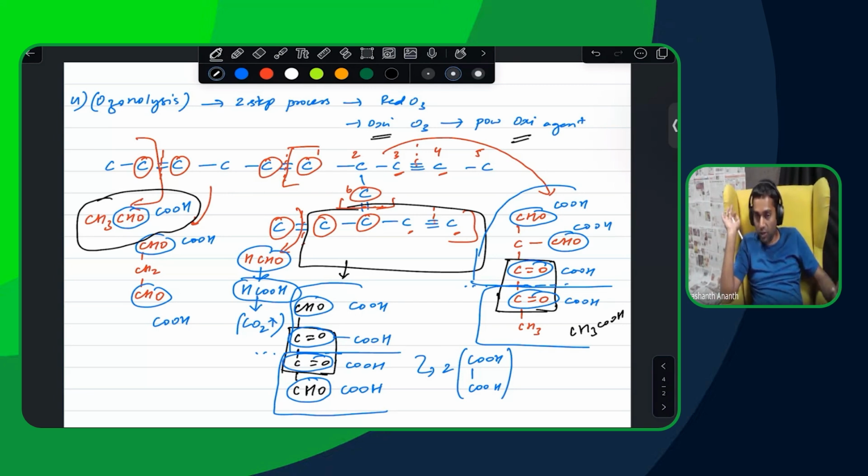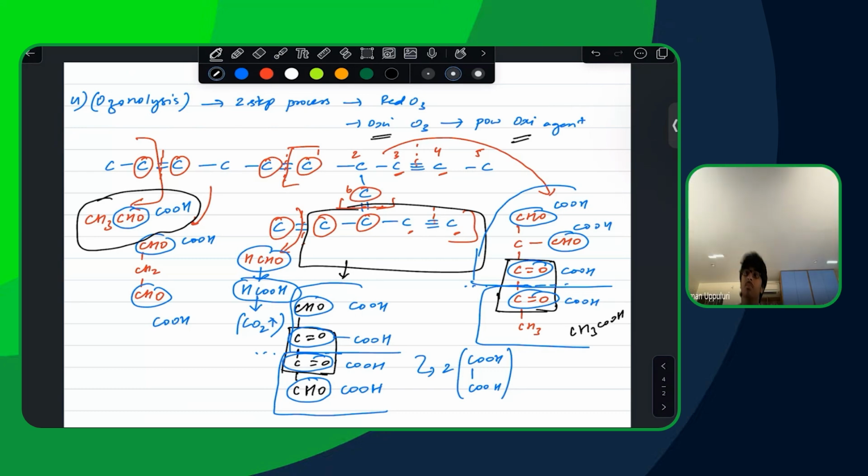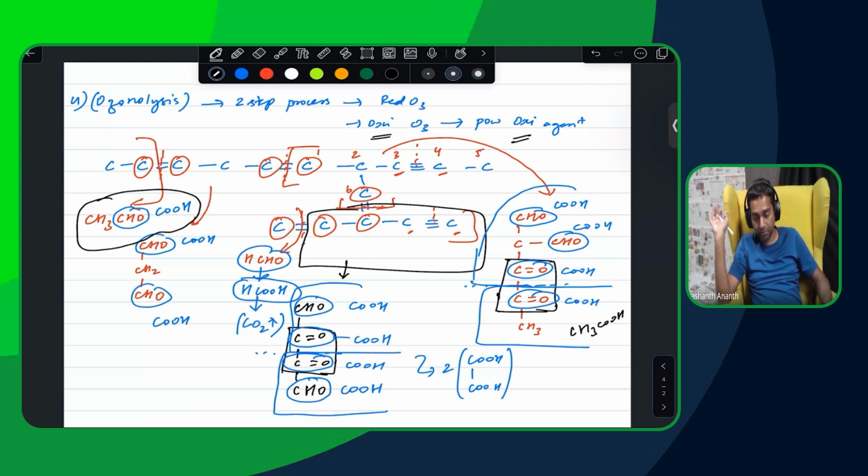So if there are triple bonds present, they will break completely. Both corners of the triple bond will become carboxylic acid. You understand the idea here? Okay. So ozonolysis is a reaction connecting alkenes and alkynes with aldehydes and ketones, and of course with a little bit of carboxylic acid also.